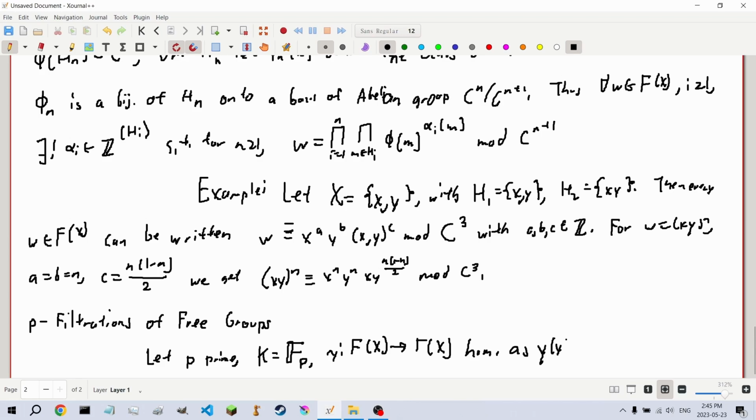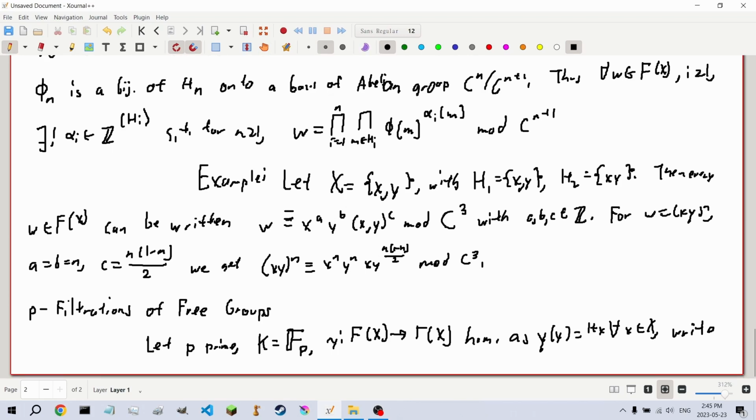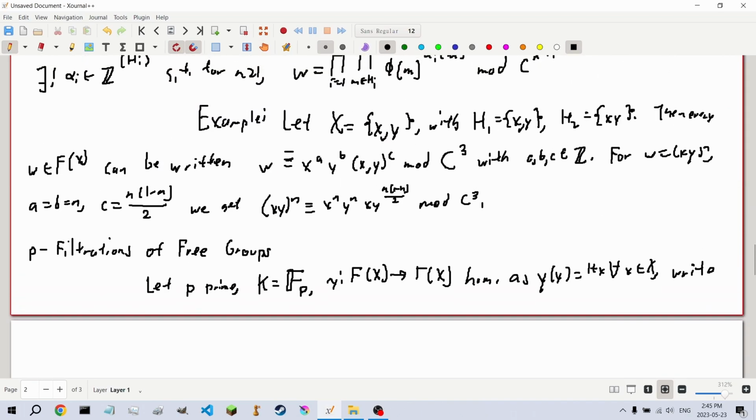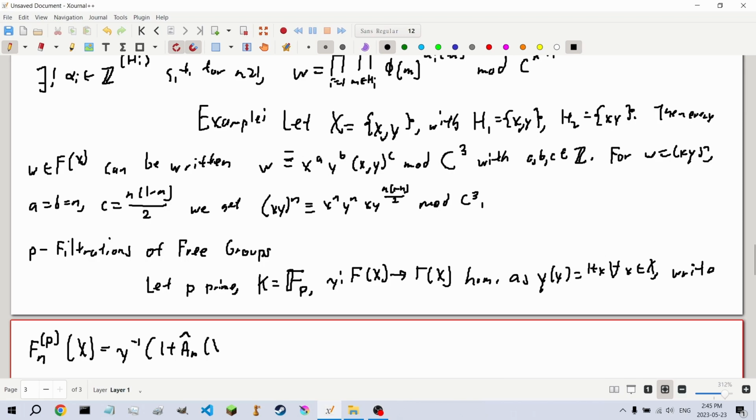It's gamma of x equals 1 plus x for all x in X. And finally, we write, on a new page, F sub n p of X to be gamma inverse of 1 plus A hat n of X.